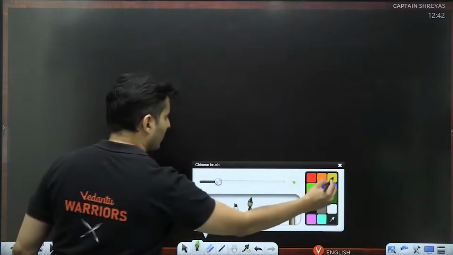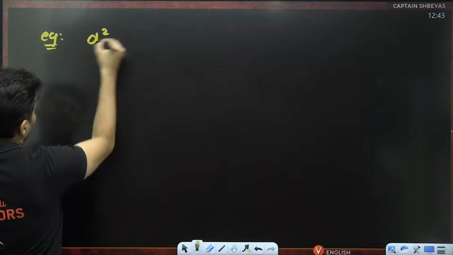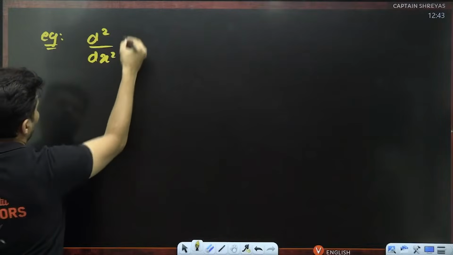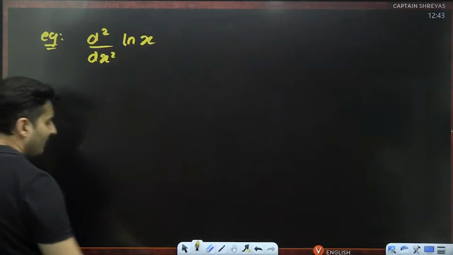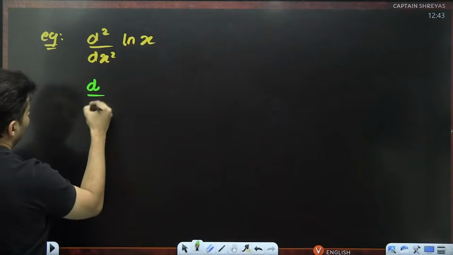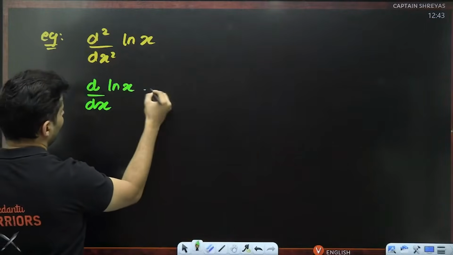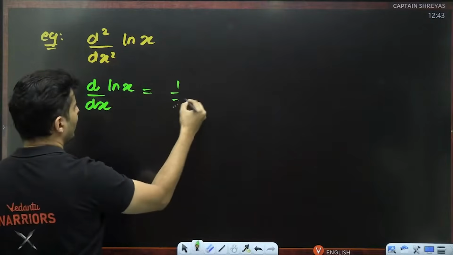Similarly, if I ask you, find the second derivative of log of x. No issues. Let's first find the first derivative of log of x. The first derivative of log of x is just 1 by x.